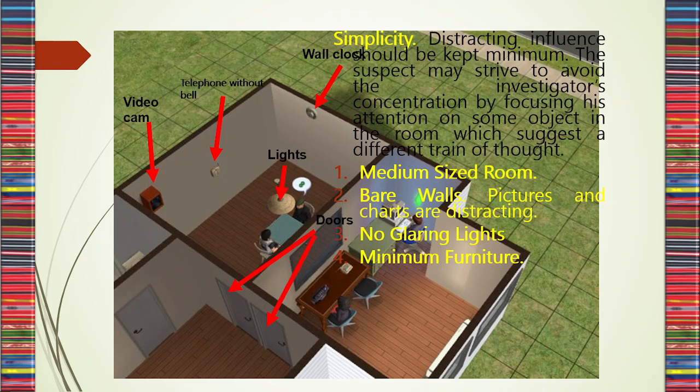So, we have here one entry door for the interrogation room, one window, one video cam, one telephone without a bell, lights on the ceiling, and wall clock.